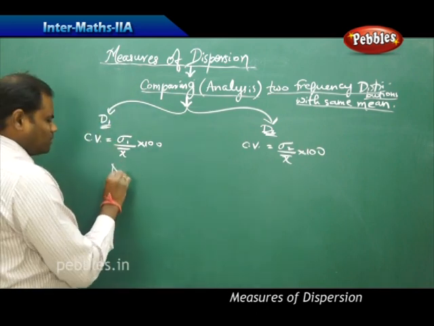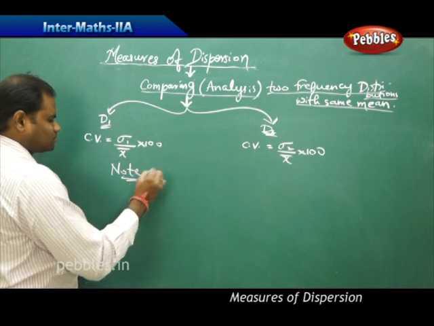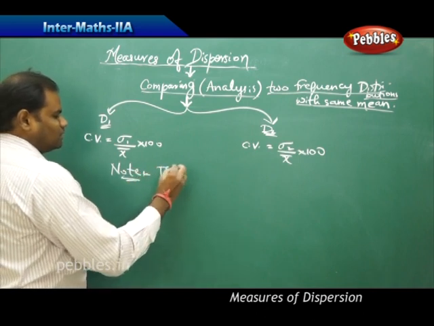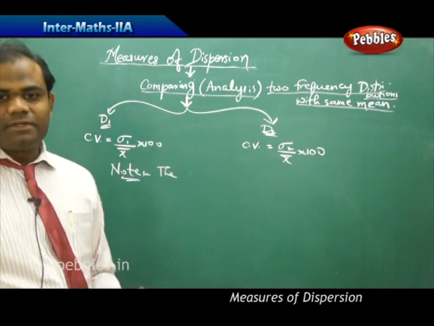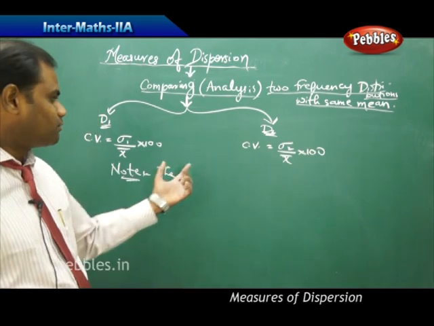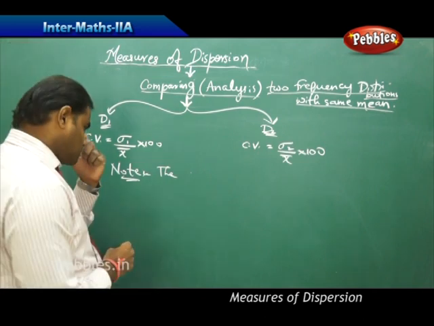And it is very important to note the CVs are decided on the basis of their values of sigma 1 and sigma 2.